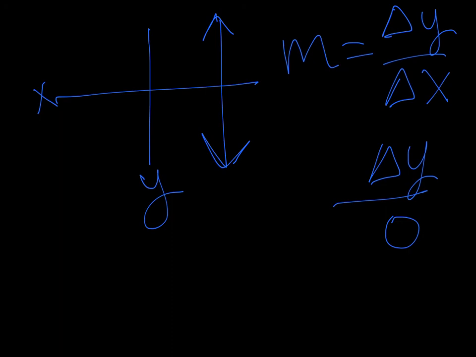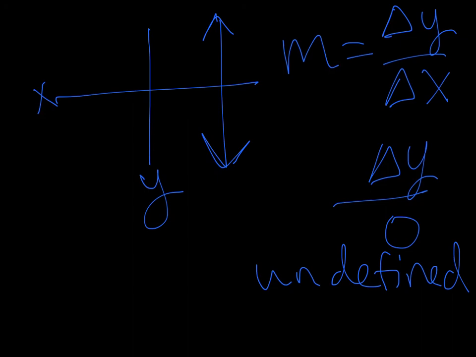The slope is constantly going upwards. Well, a number divided by 0 in math is undefined. So the slope of a vertical line is undefined. Again, I'm giving you more information than you need to know right now, but it's to give you a little bit of the bigger picture.